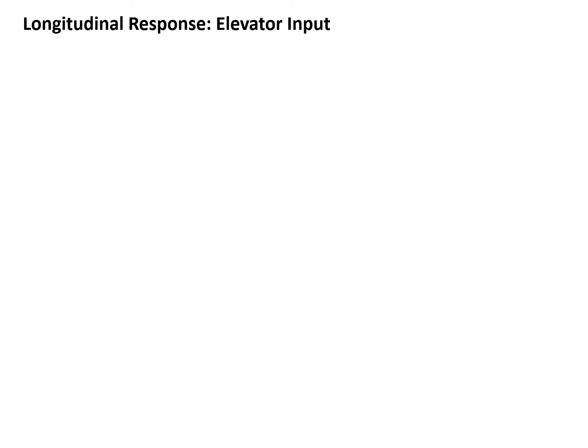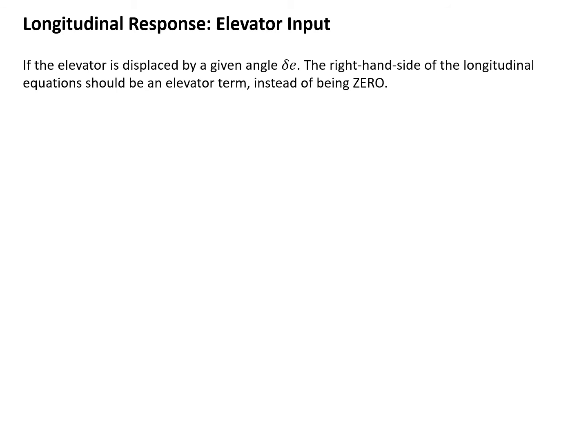Now let's talk about the longitudinal response first. First of all, let's use the elevator input as an example, which means we have an elevator deflection, an elevator movement. Let's see what kind of scenario it is.